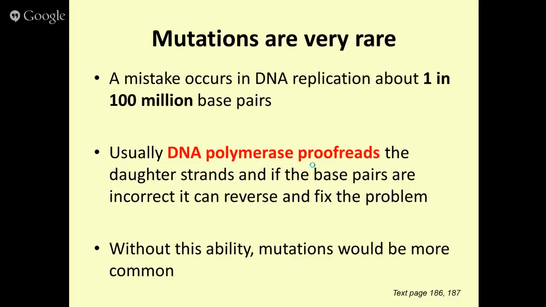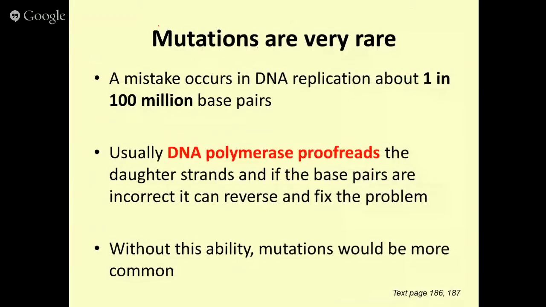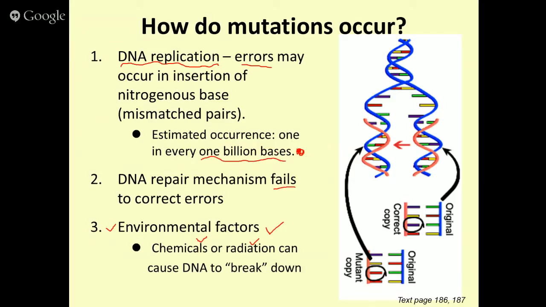So, like I said, a mutation occurs about once in every 1 billion bases, but about once in every 1 million base pairs is how often a mutation actually occurs. But because the DNA polymerase proofreads this, that's how we get it down to 1 in 1 billion, right? So you see various numbers for this. 1 in 1 billion is after the DNA polymerase has corrected.